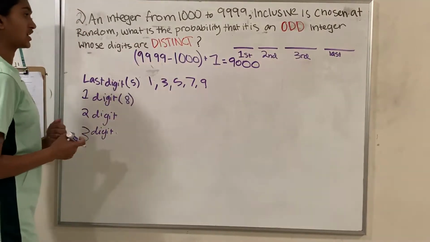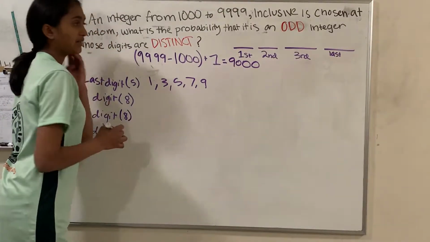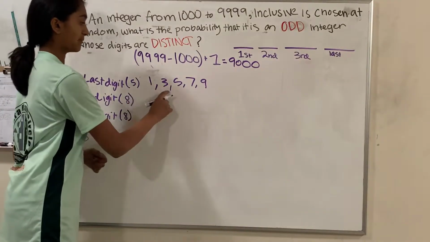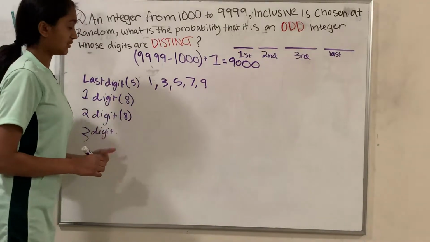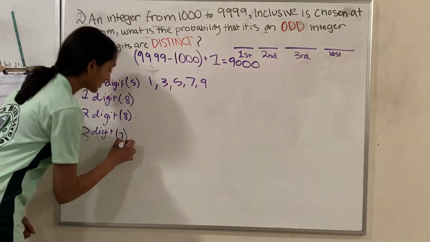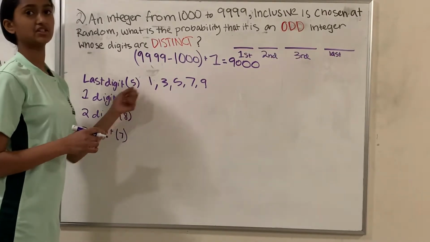For the second digit, it will also be 8 because the digit can be 0, but it cannot be one of these 2 numbers. So there will only be 8 possibilities. For the third digit, there will only be 7 possibilities because the digit cannot be one of these 3 digits.